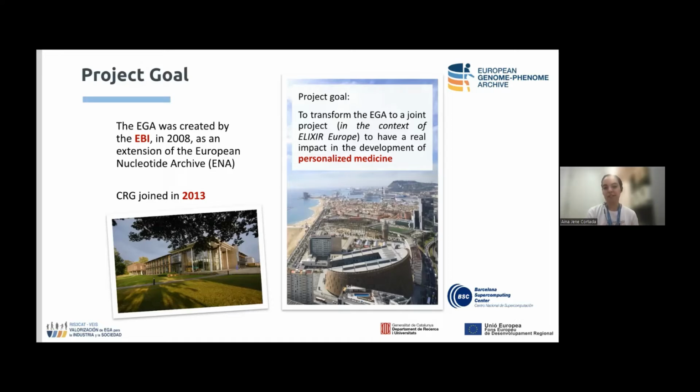Our objective is to transform the EGA in the context of Elixir Europe to have a real impact in the development of personalized medicine, and of course, always from CRG with the help of the Barcelona Supercomputing Center.